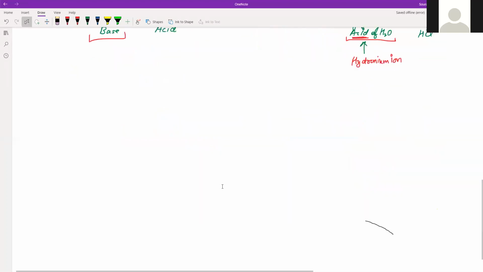And there are multiple examples for this. All those acids which contain hydrogen can be examples of this. That is HI plus H2O, hydrogen iodide plus H2O. So what will it give? It will all have the same reaction, that is H3O plus plus I negative. Same way HBr.